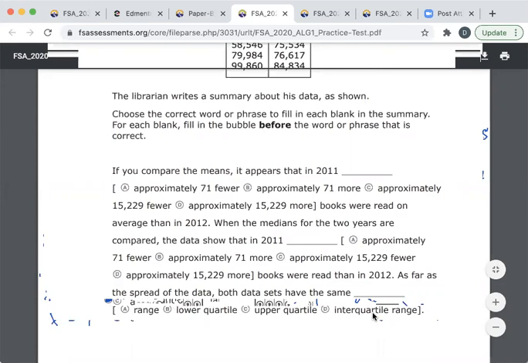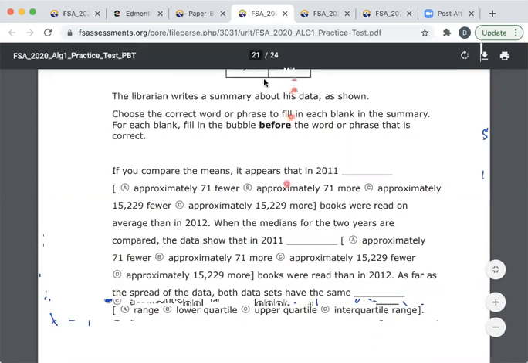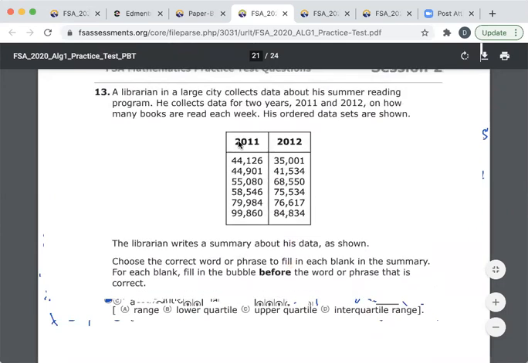The lower quartile I'll show you on the chart, but I have to scroll back up to it. And then the interquartile range, I can also show you.